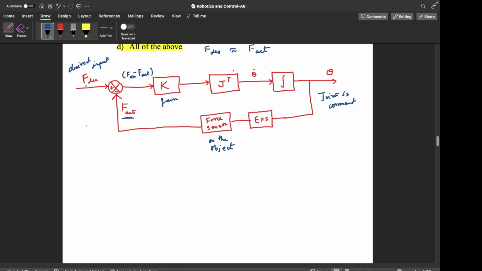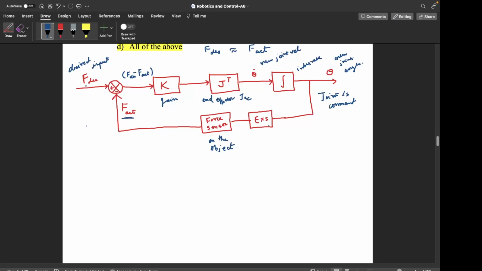And then this k times f, the difference in the forces, we are multiplying with the transpose of the Jacobian. So this is the end effector Jacobian. And what does this give? This gives the new joint velocities, and we integrate the joint velocities to get the new joint angles, right?